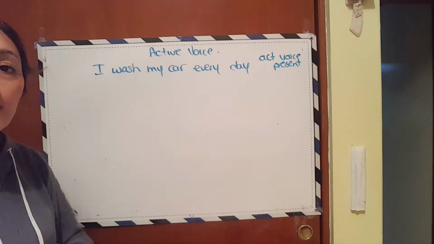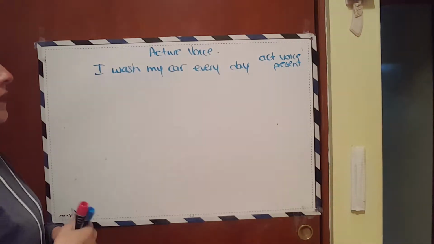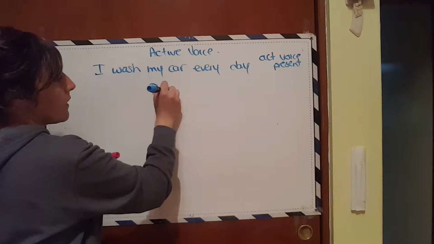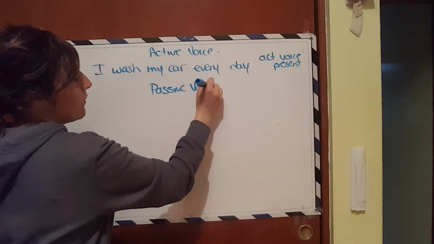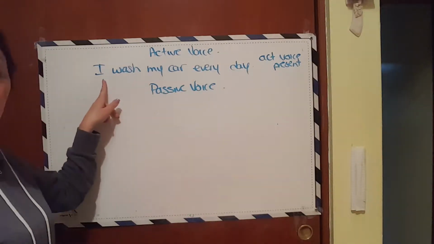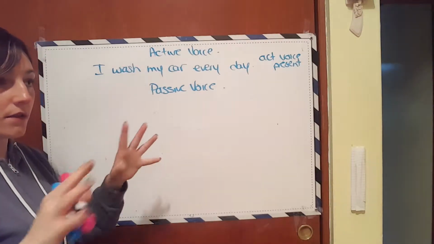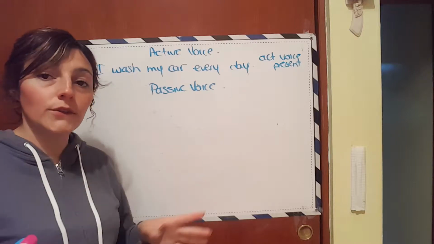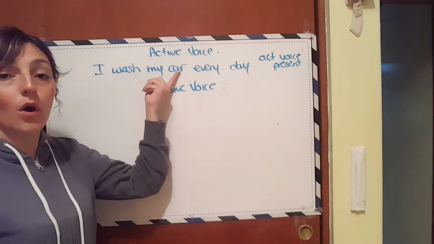Then we said that for the passive voice, this subject is not necessary, it's not important, or it's obvious. So I don't have to use it. I only focus on my car.